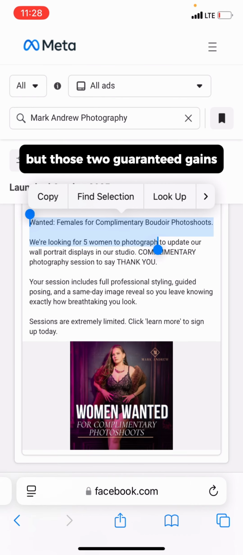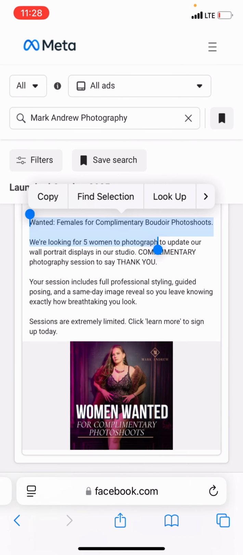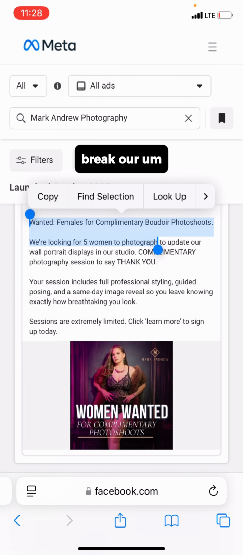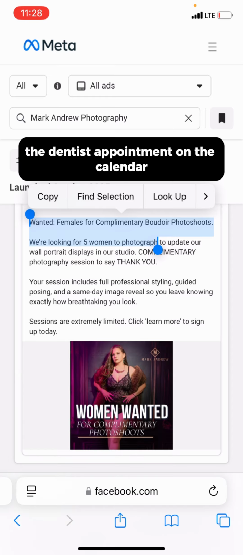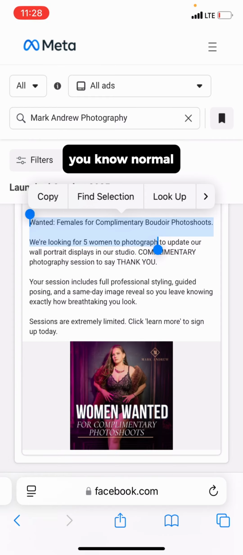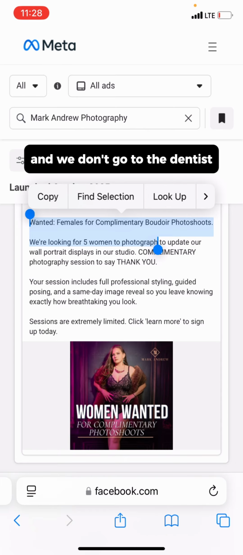But those two guaranteed gains aren't enough to get us to break our habits and schedule, put the dentist appointment on the calendar, and show up. We're fine. We're in a normal, no-pain state, and we don't go to the dentist.